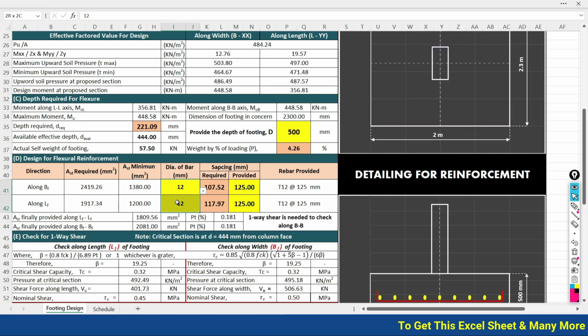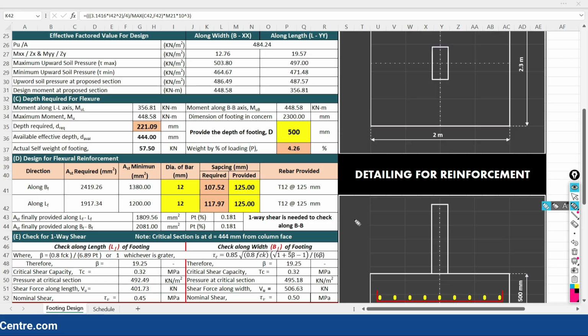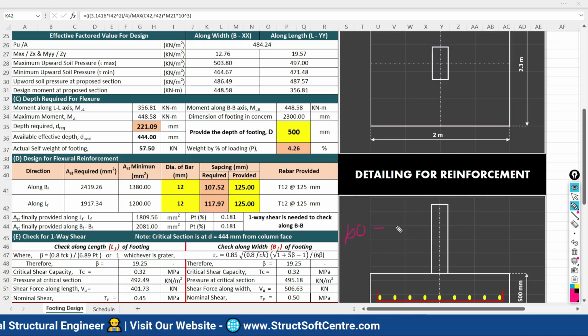If I'm going to use the 12 mm diameter of bar, what spacing is required? 107, 117. And in normal cases we are not providing the spacing less than 100 mm as well. So the spacing we are providing is in between 100 to 250.